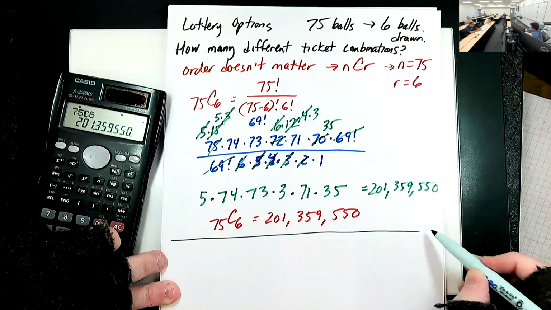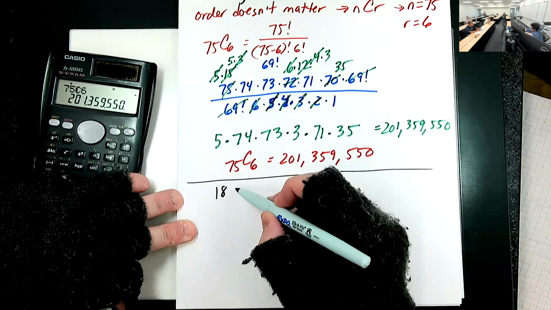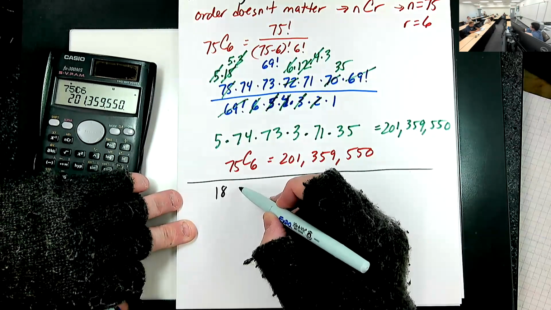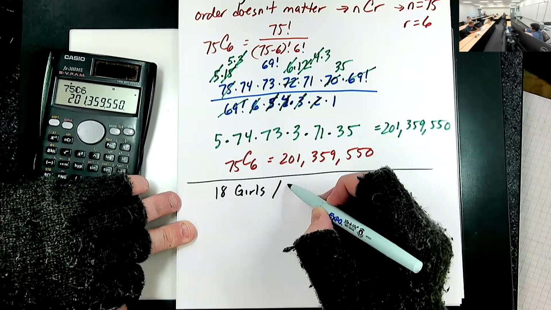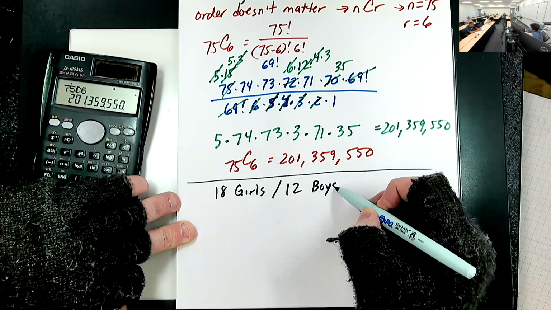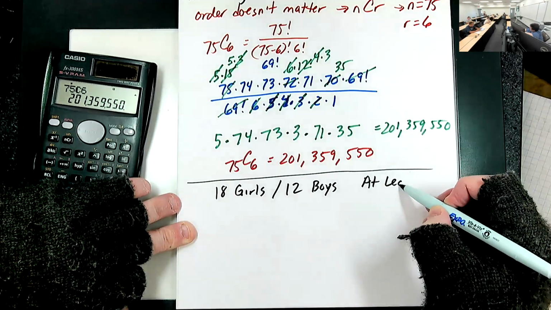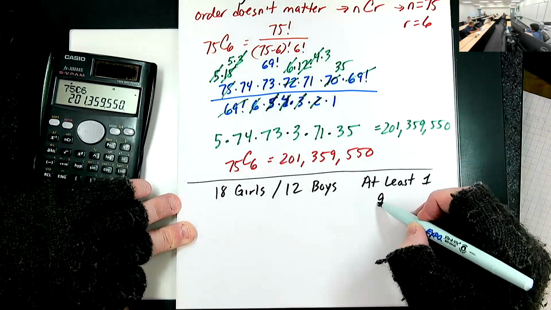Let's go back to our 18 boys, 12 girls. Or 18 girls, 12 boys? 18 girls, right? Yeah. And we want at least 1 girl out of 4.